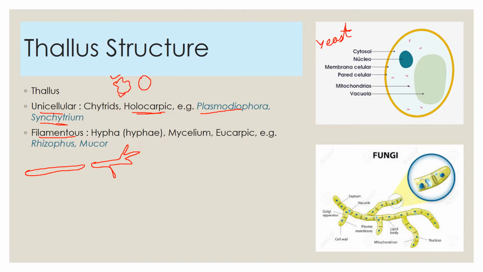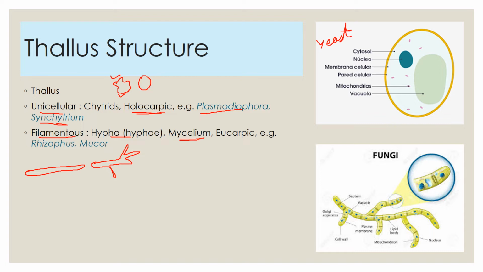This mass of hyphae is called mycelium. So a single one is a hypha, but when it reaches enormous proportion, it is called mycelium. By enormous proportion, I mean that it is macroscopic. The hypha is microscopic, but the mycelium can be seen with naked eyes.